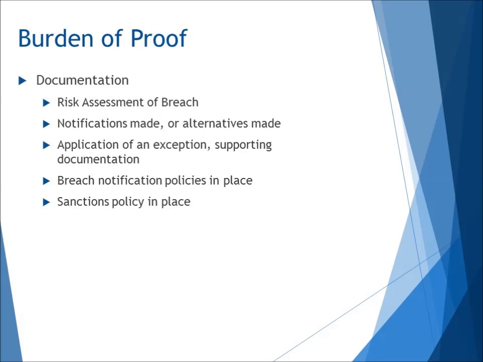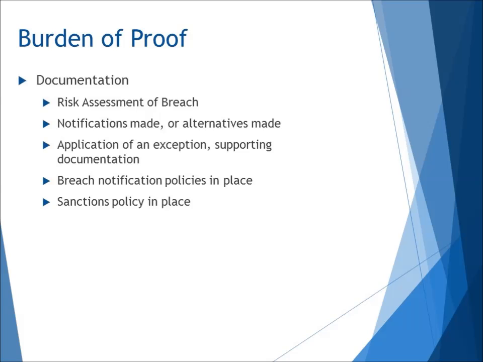The burden of proof. Well, the burden of proof falls on covered entities and business associates, and they have the burden of demonstrating all the required notifications have been provided, or that a use or disclosure of unsecured PHI did not constitute a breach. So it's all on you to have the right documentation of what was done.